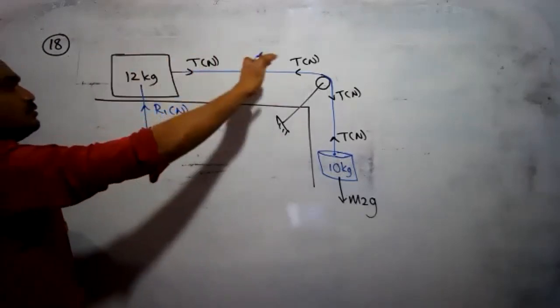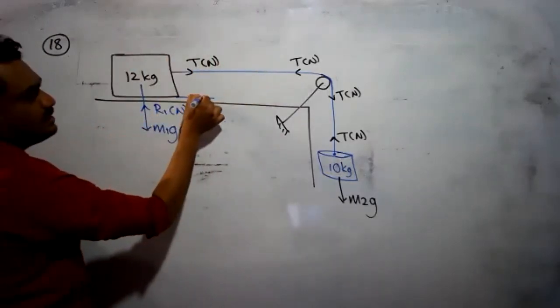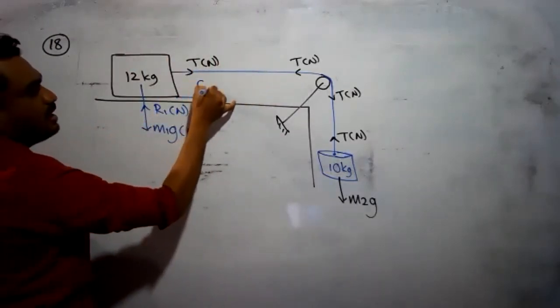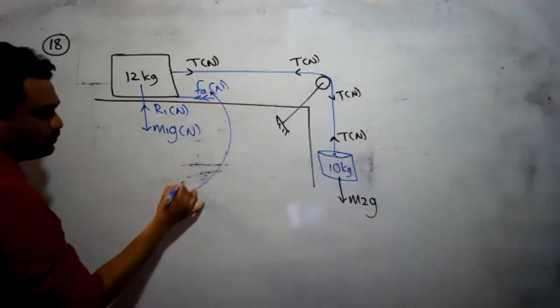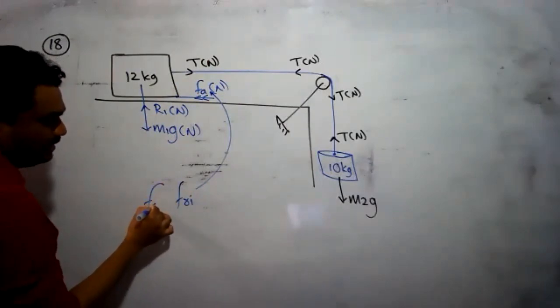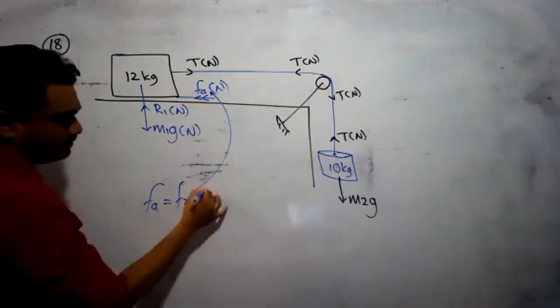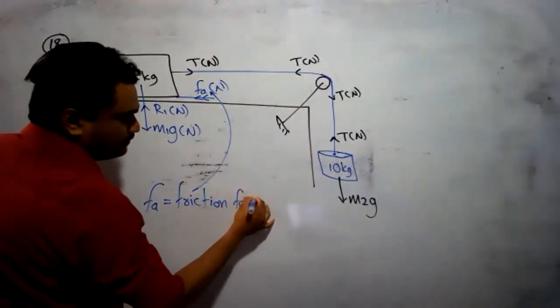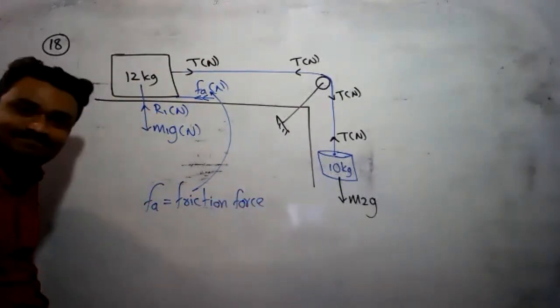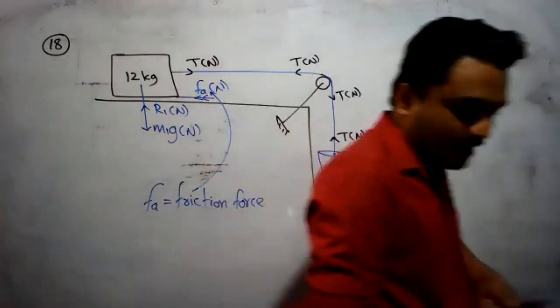When the object is moving in this direction, a friction force acts on it. So let me mark Fa Newton. So Fa Newton is the friction force. Okay, complete. Draw it.